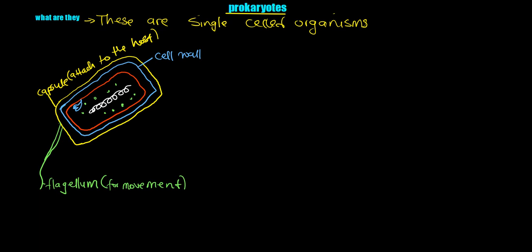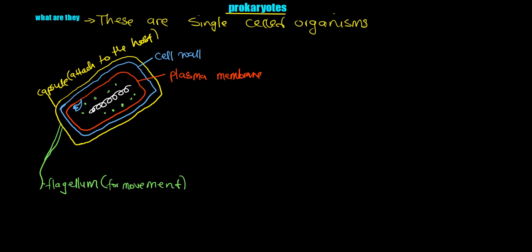The part that you are able to see there is what we call the plasma membrane. So we'll say the cell will protect the plasma membrane.